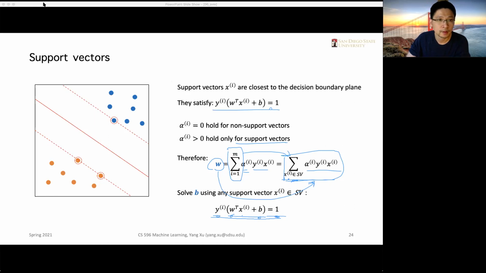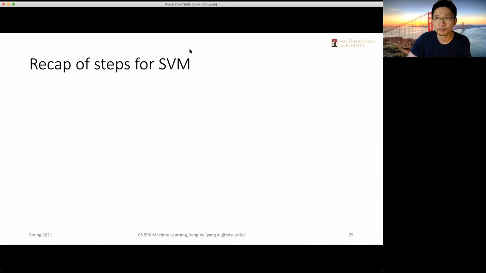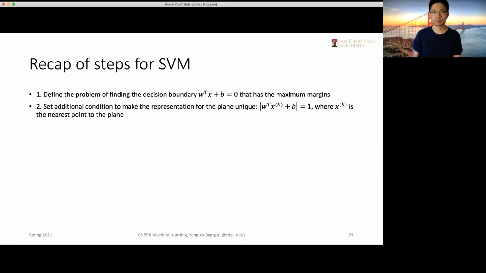Yeah. All right. So let's recap the whole process a little bit. Okay, so we basically define a problem of finding the decision boundary that has the maximum margin, and we set an additional condition so that the representation for the decision boundary is unique.